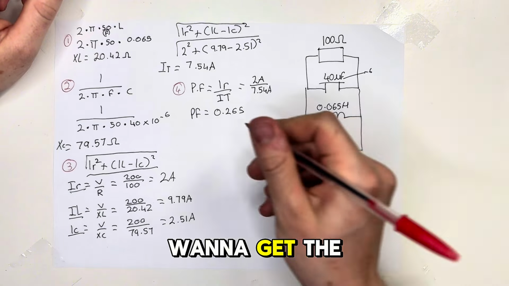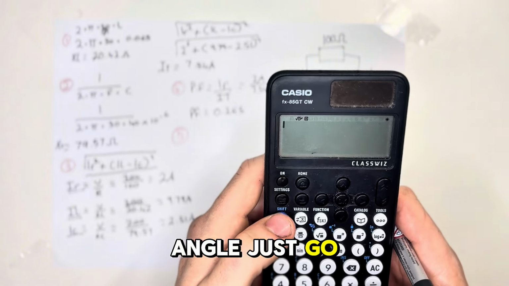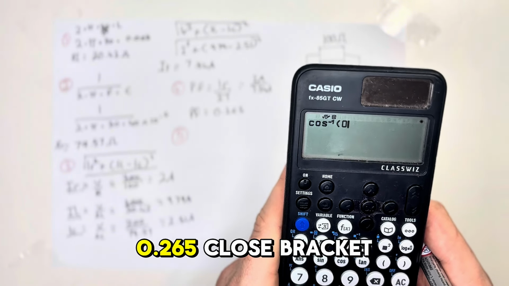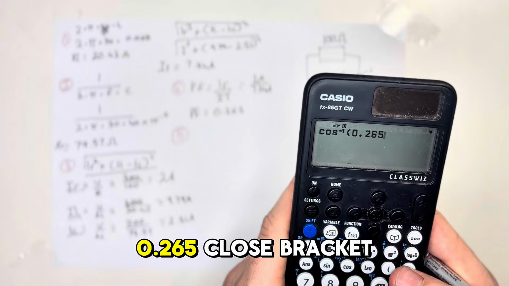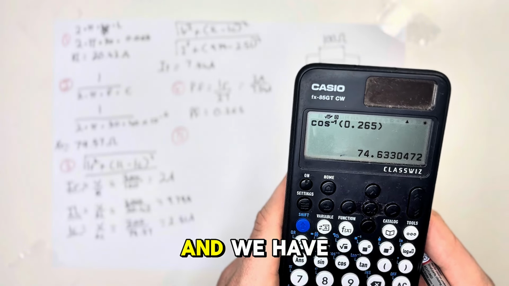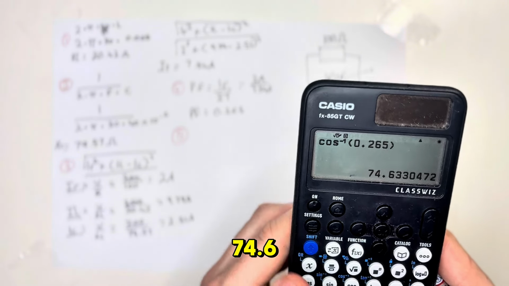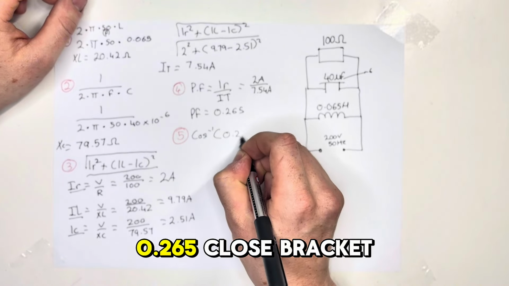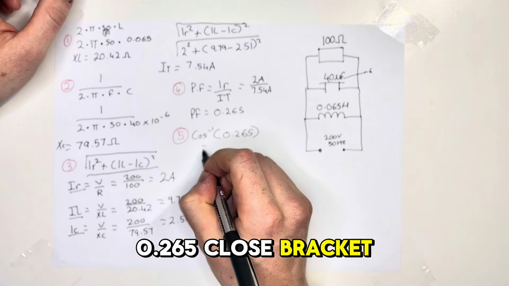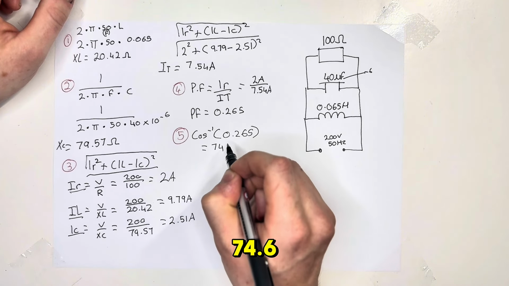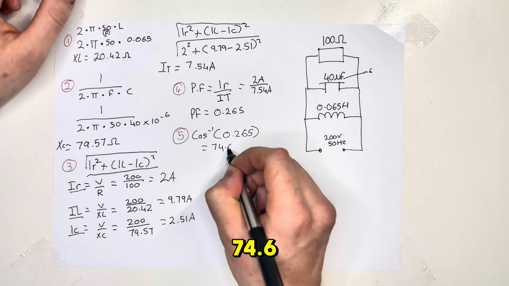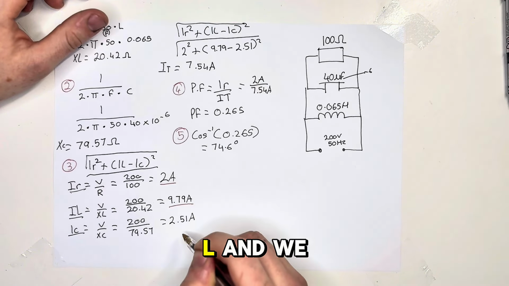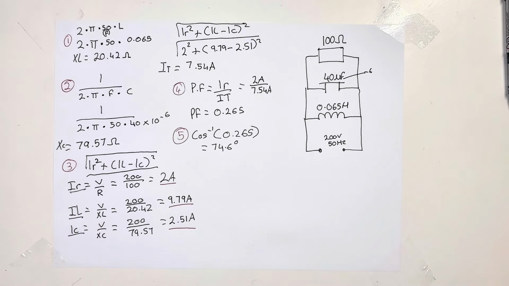Now, if you want to get the angle, just go shift cos, 0.265, close bracket, and we have 74.6. Right, so we have IR, we have IL, and we have IC.